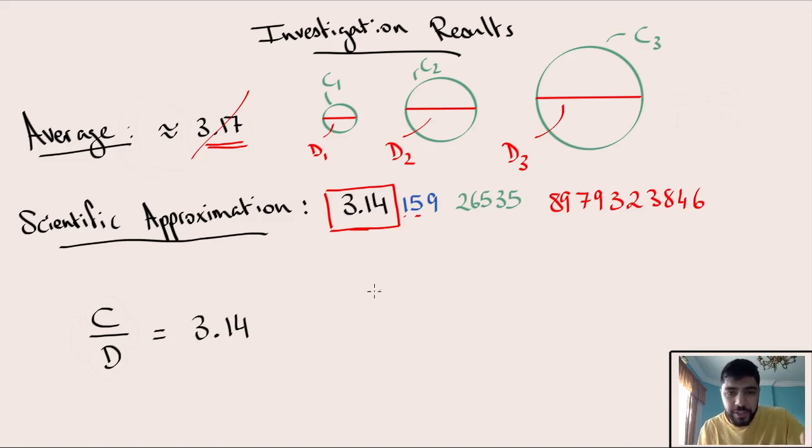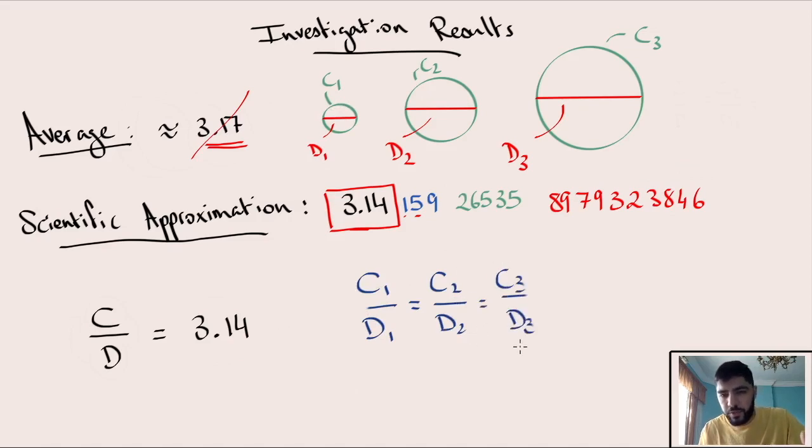When I say any circle, I mean, if we go back to this diagram over here, C1 over D1, the first circumference, which is for the smallest circle, is equal to C2 over D2, which is equal to C3 over D3, which is equal to 3.14. This is not to say that this circumference is equal to this circumference. That's not true.